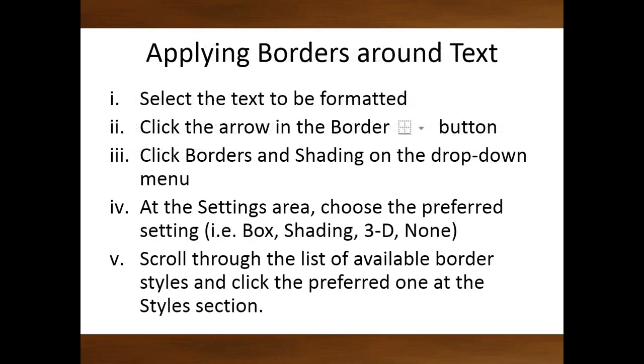How do we apply borders around text? The steps are given to us as follows. It is a bit lengthy, but bear with me, we will practice, and then you will see that it is not that laborious at all. So step 1, select the text to be formatted.